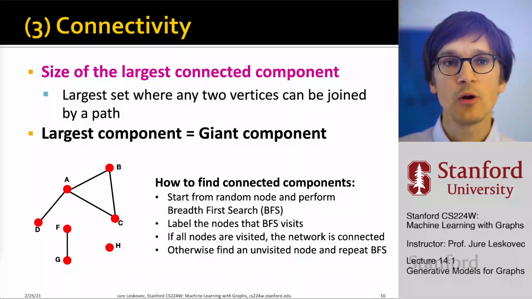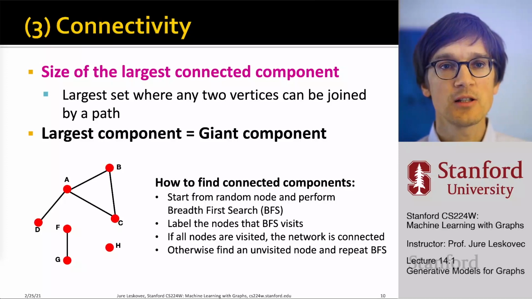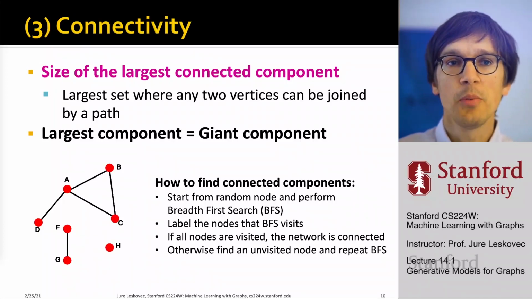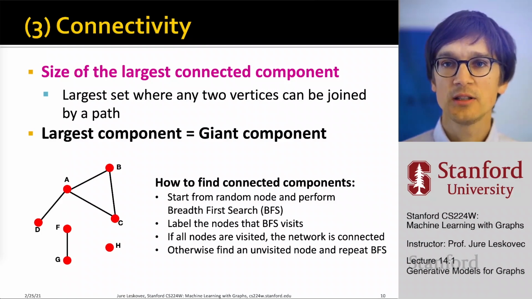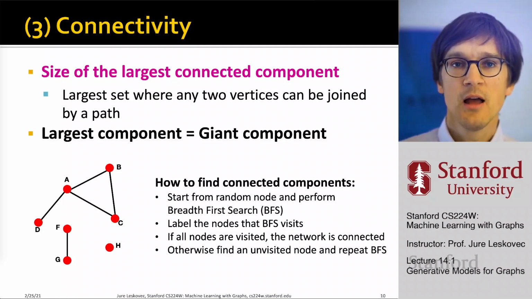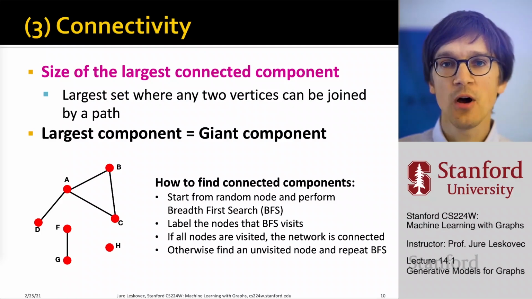The third one we will look at is connectivity. In lecture 1, we defined this notion of connected components in the graph. And we said that one way we can simply characterize connectivity is to ask what is the largest connected component size, right? What fraction of nodes belongs to the largest connected component?